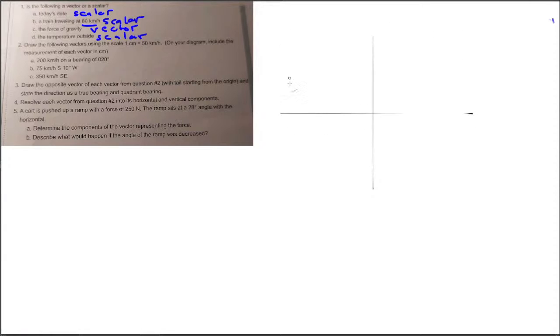I'll make myself some axes if I can ever figure out why this thing doesn't love me. Okay, there we go. So this is X, this is Y.